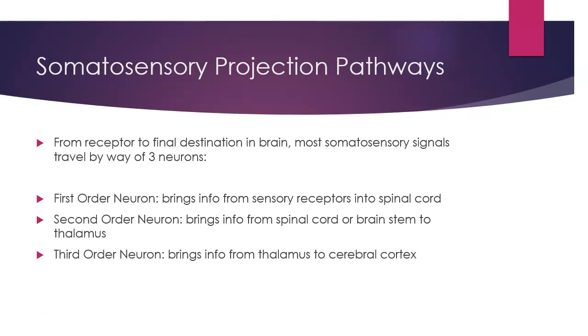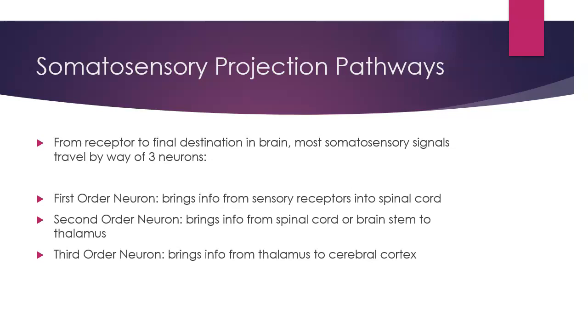We call those first, second, and third order neurons in these pathways. The first order neuron brings the information from the sensory receptors into the spinal cord. The second order neuron brings the information from the spinal cord or the brainstem to the thalamus. And the third order neuron brings information from the thalamus to the cerebral cortex.